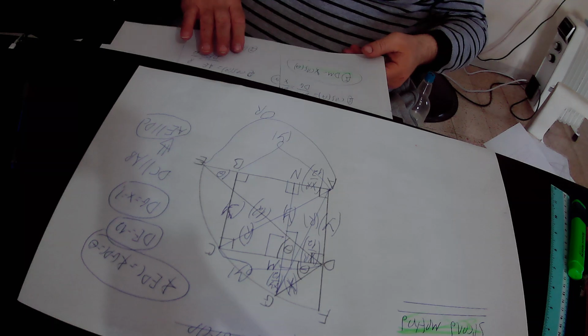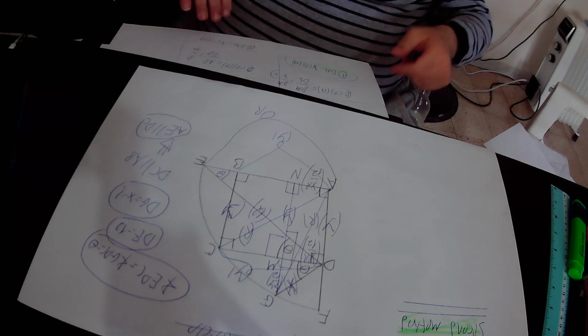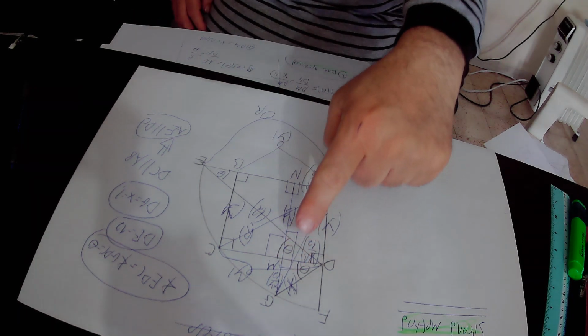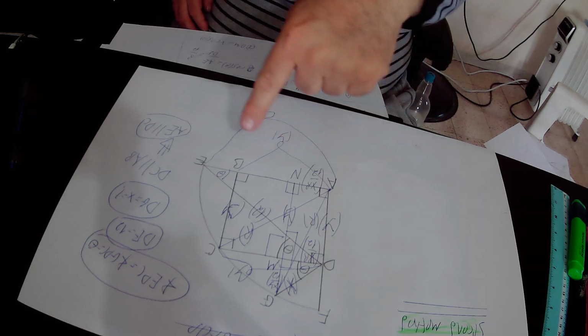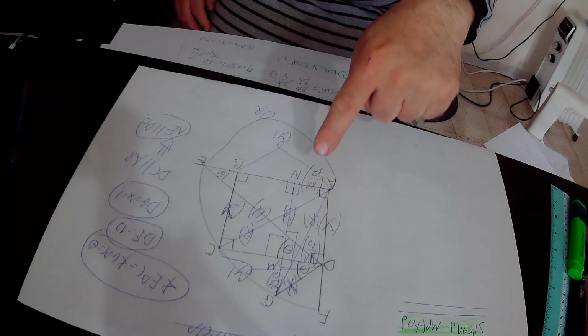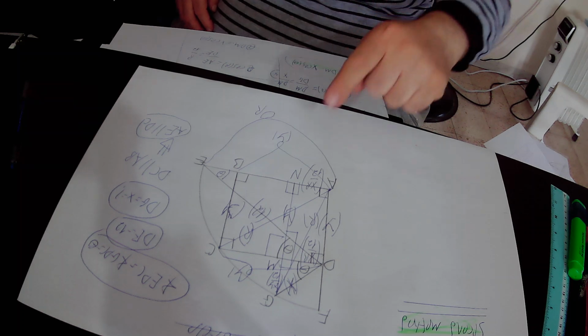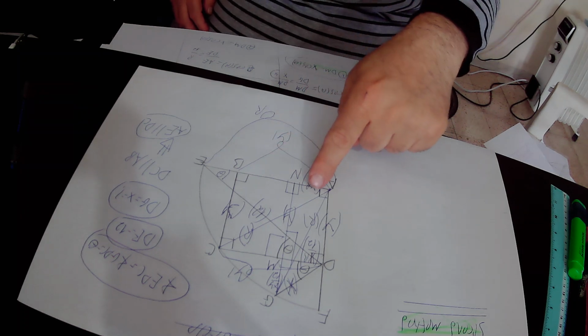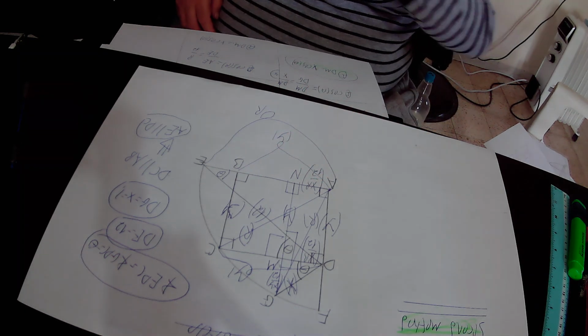In the next step, we did a construction. From point G, we drew a perpendicular on AB. So this angle equals 90 degrees, and this angle equals 90 degrees according to our construction.